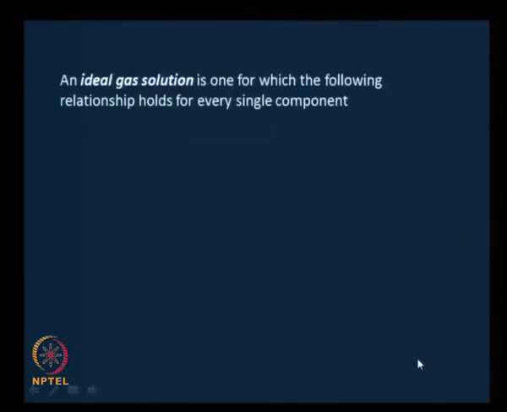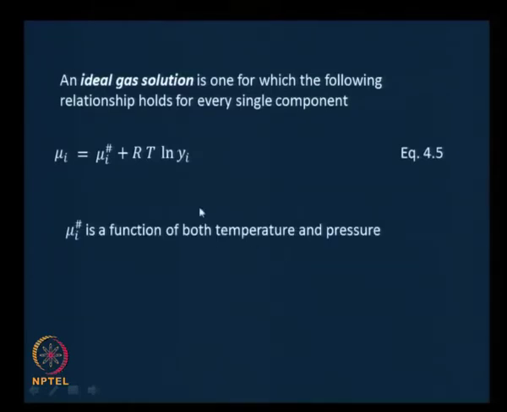Now, an ideal solution is one for which each component's chemical potential can be written as mu i equals mu i hash plus RT ln yi, where yi is the mole fraction of i and mu i hash is a function of both temperature and pressure, the standard value.